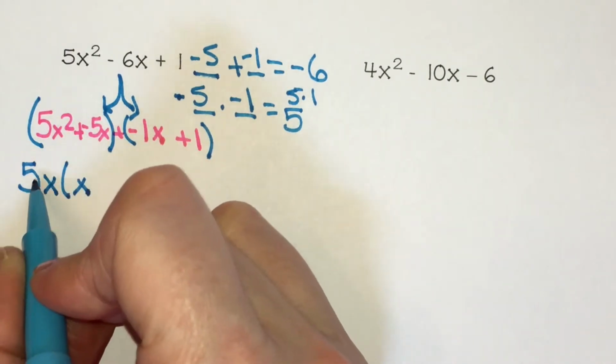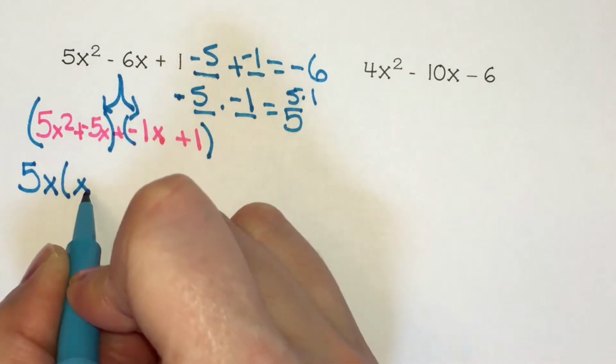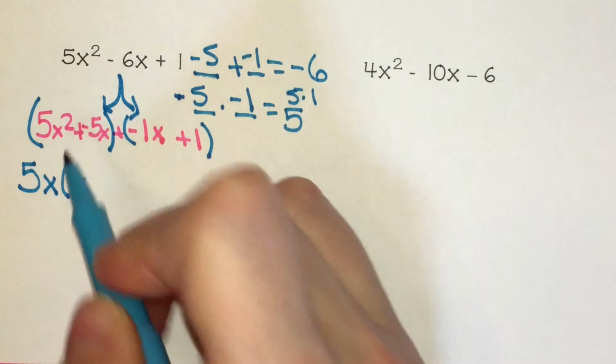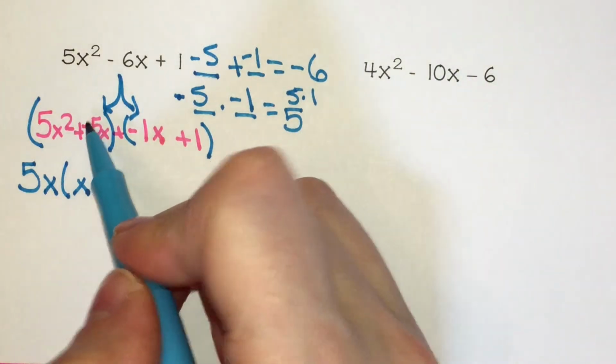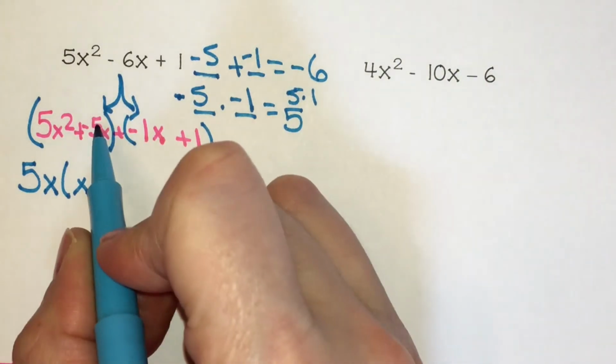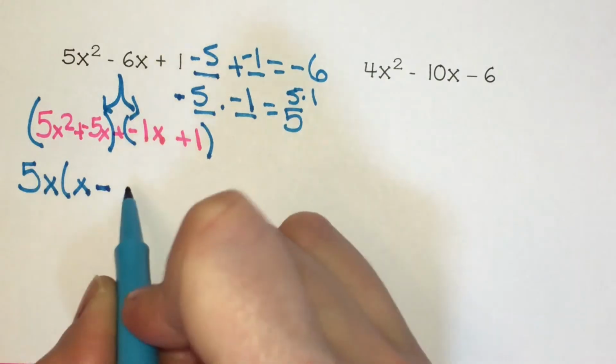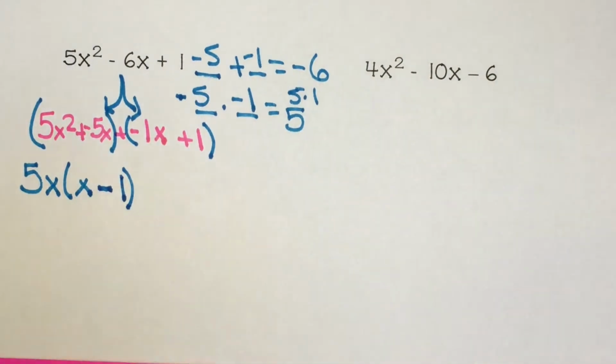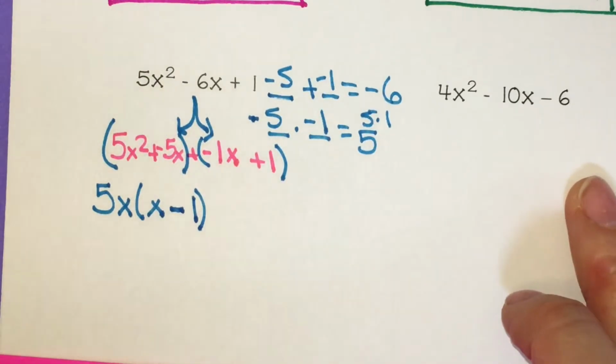Because 5 divided by 5 is 1. X squared divided by x is just x. Right, because this is inside the parentheses, I'm going to simplify. Plus a negative is the same thing as minus. 5x divided by 5x is 1. Don't forget, you have 1 left over. It doesn't equal 0. It's a very common mistake. It equals 1.